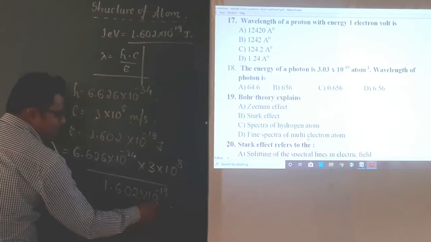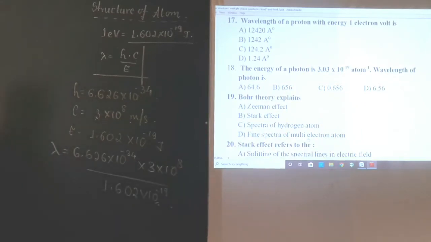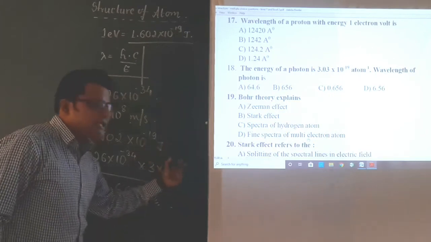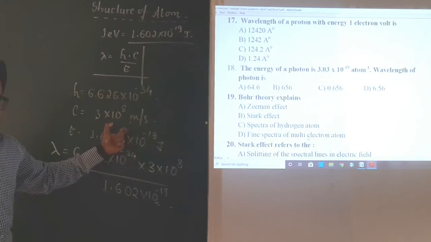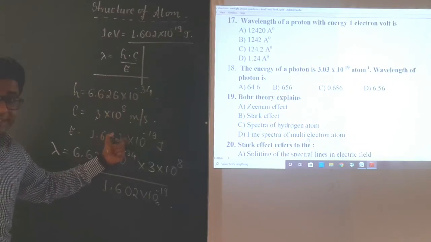Let's take this minus 19 on the top, it will become plus 19. So plus 19 plus 8 becomes 27. So 27 and minus 34 becomes around minus 7.